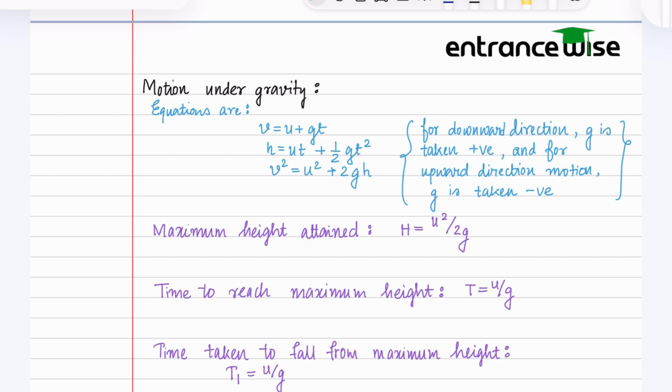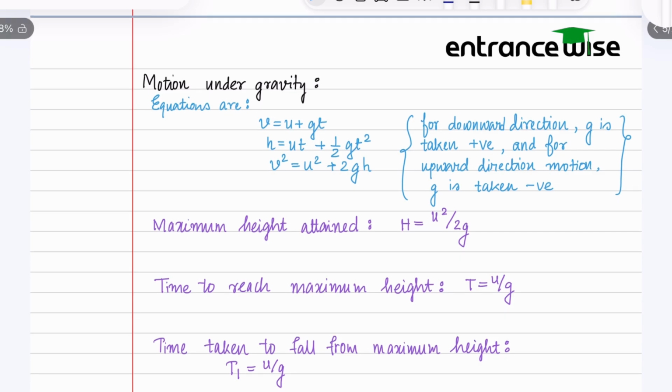When an object is projected upwards and falls back under the influence of gravity, its motion can be described using the following basic kinematic equations. For final velocity, we have v equal to u plus gt. For displacement, we have h equal to ut plus half gt square.